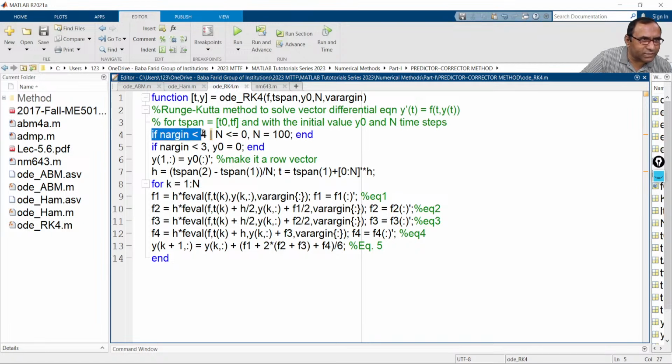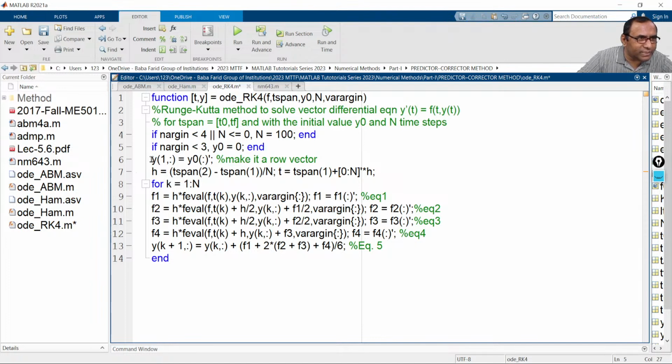If nargin is less than 4, or n is less than or equal to 0, n equals 100. And for the initial condition, if nargin is less than 3, y naught is equal to 0 in its place.